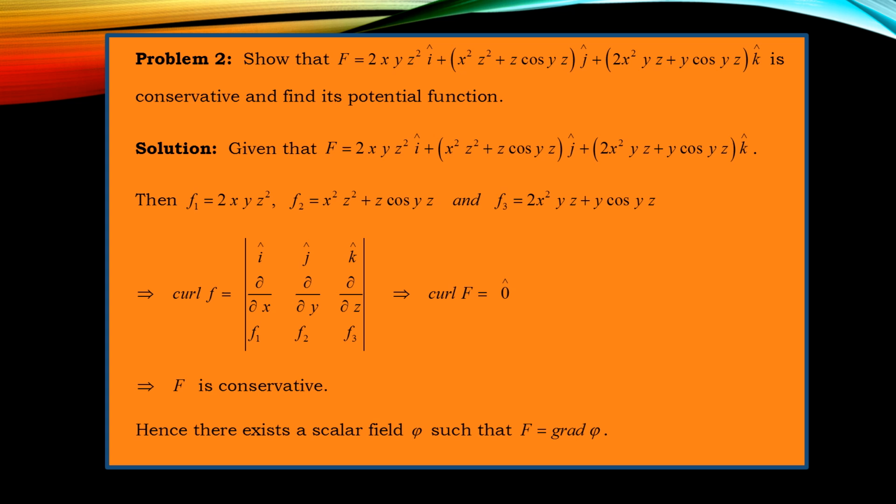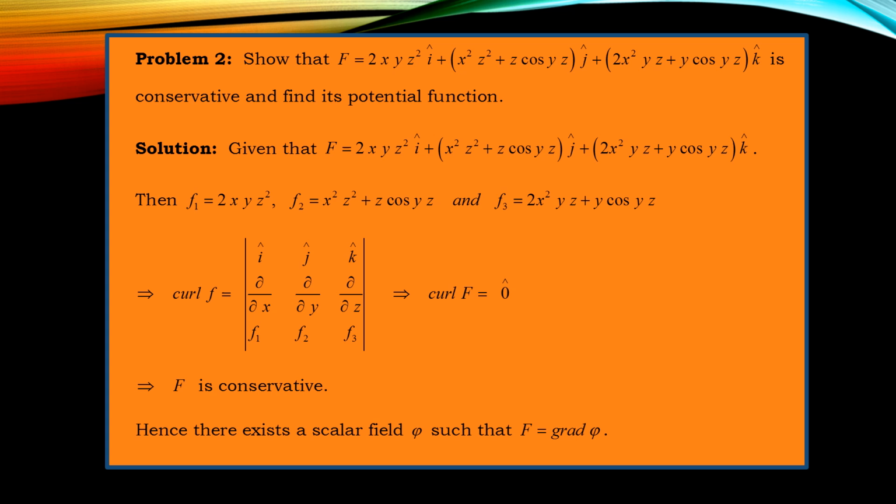Consider the given vector field F equal to 2xyz² i cap plus (x²z² plus z cos yz) j cap plus (2x²yz plus y cos yz) k cap. Let us write down the component functions of the given vector field.